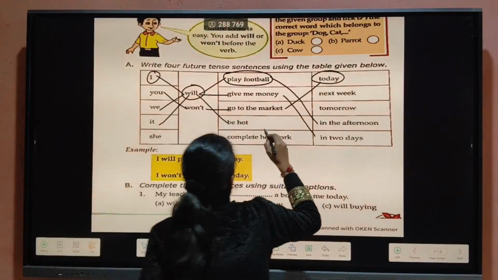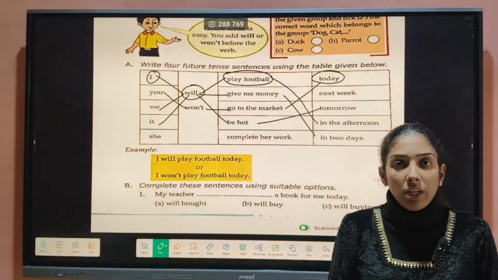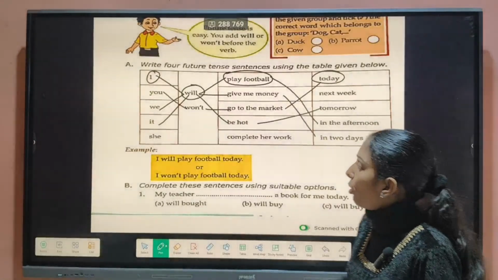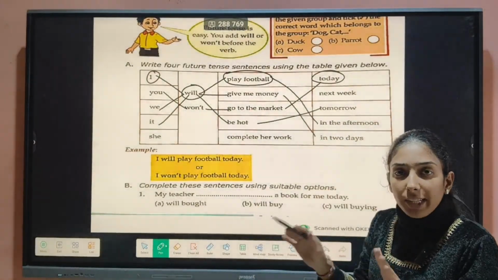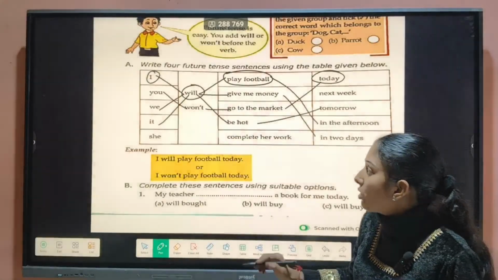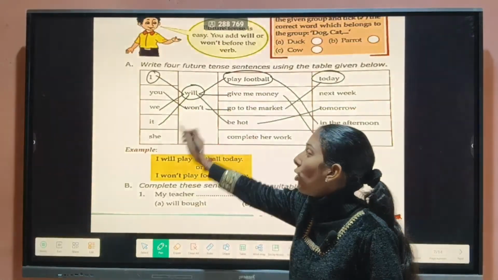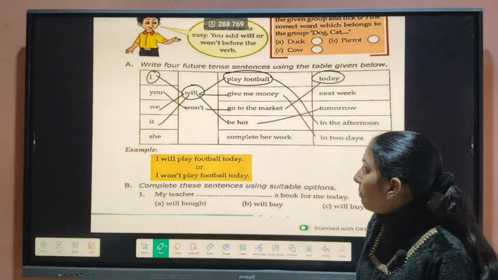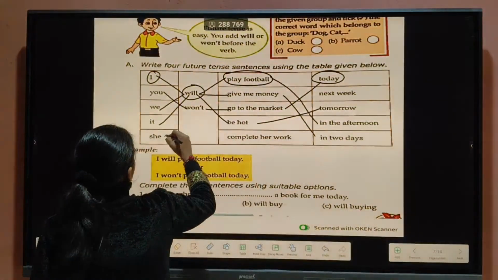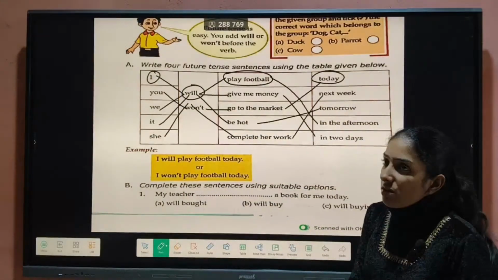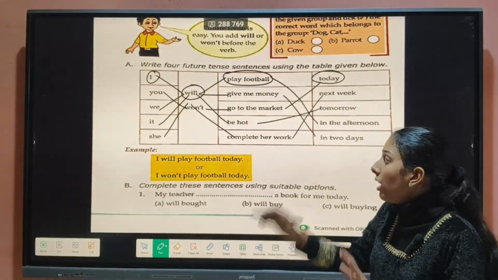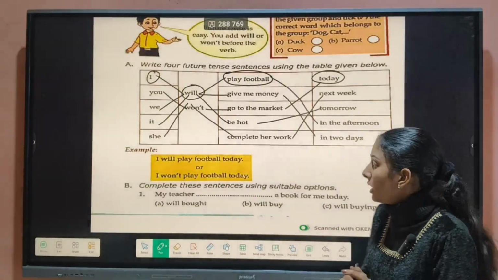It will be hot tomorrow, or it will be hot today. Any kind of sentence you can make, just you have to use will or won't. She won't complete her work next week. Like this you have to match them.